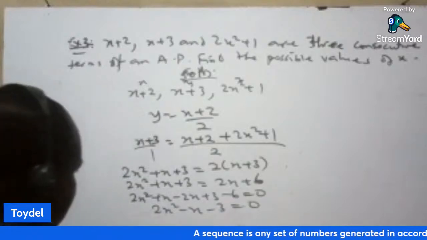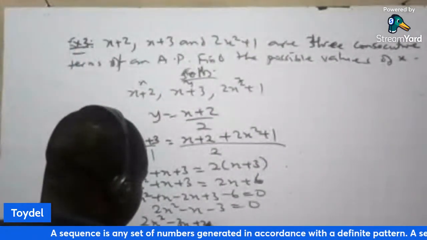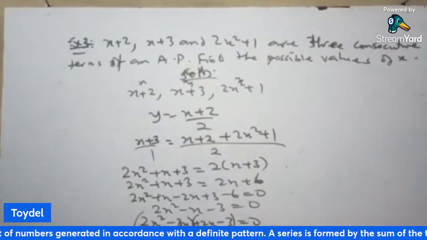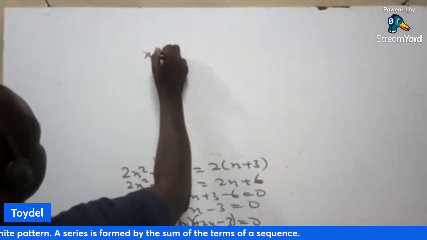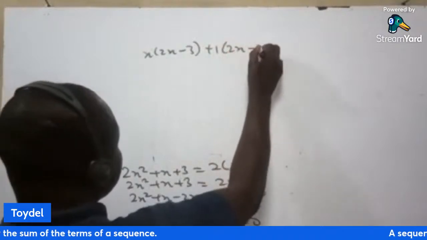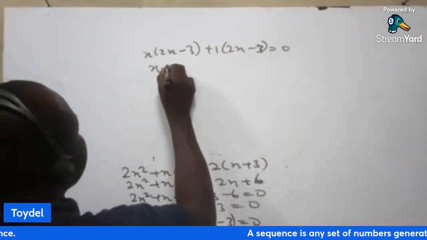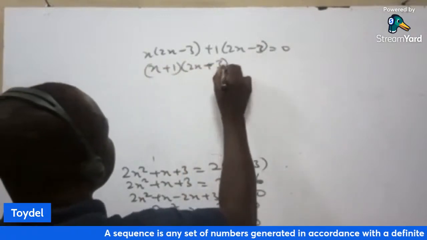Of course, we can factorize this to have 2x squared minus 3x plus 2x minus 3 equal to 0. Let's do the grouping. x is common in the first bracket, so I'm going to have x into 2x minus 3. Then plus 1 is common in the second one, 2x minus 3 equal to 0. So here I'm going to have x plus 1, then 2x minus 3 equal to 0.